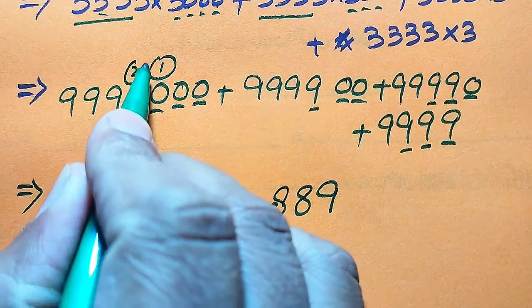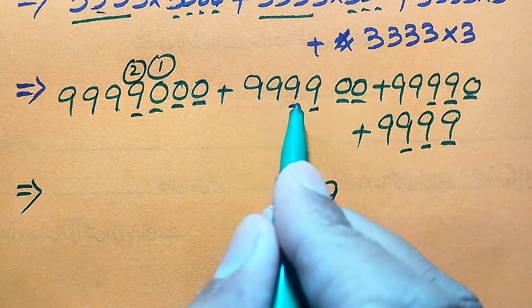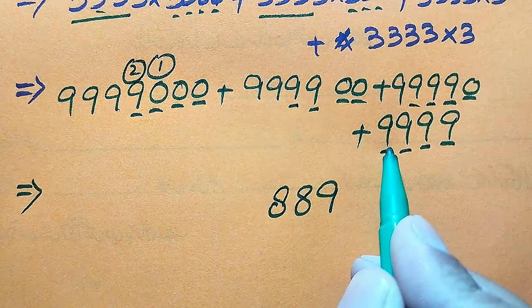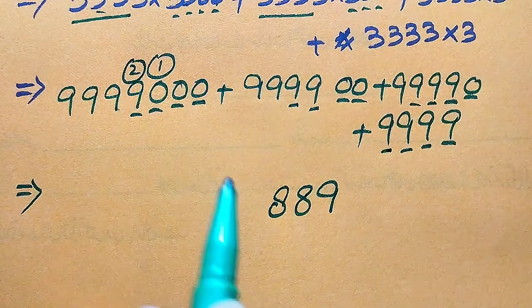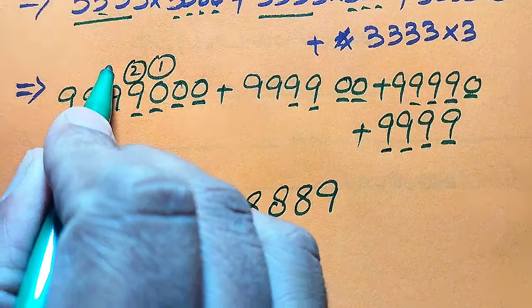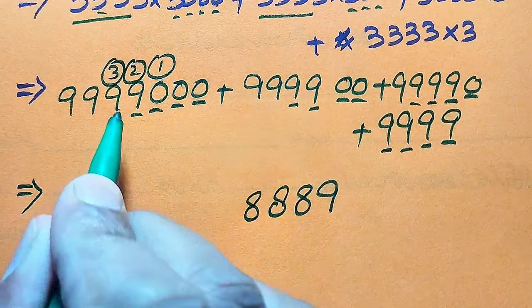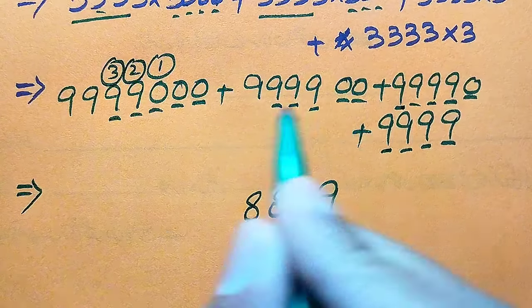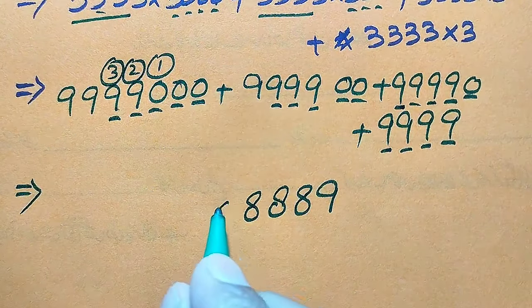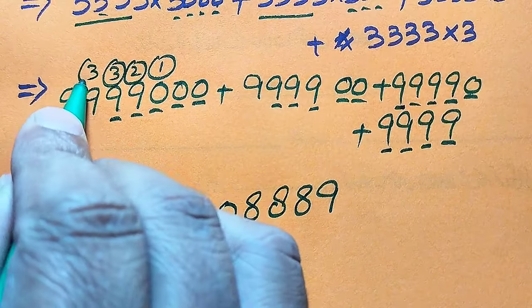We write 8 and carry 2. Again we have 9 plus 9 plus 9 plus 9, which is 4 times 9, so 36, and 36 plus 2 becomes 38. We write 8 and carry 3. Then 9 plus 9 plus 9 is 3 times 9, which is 27, and 27 plus 3 becomes 30. We write 0 and carry 3.